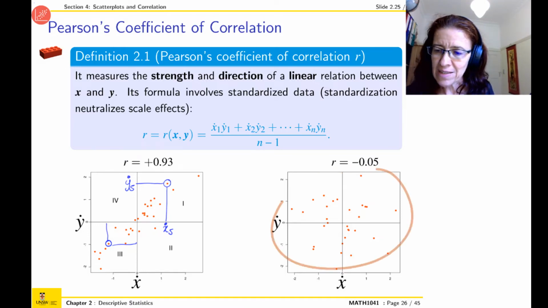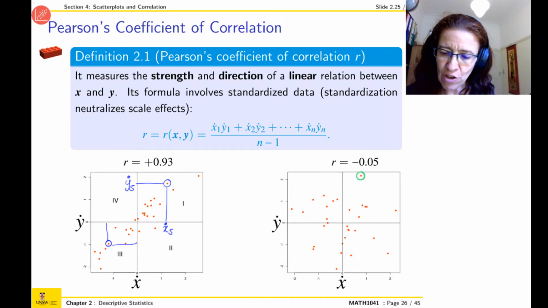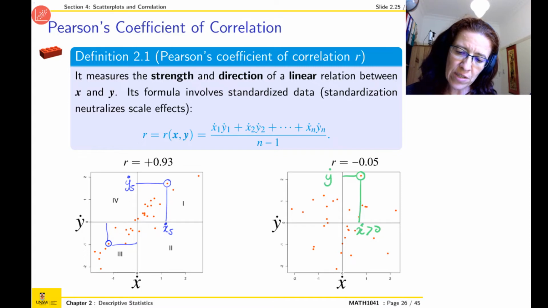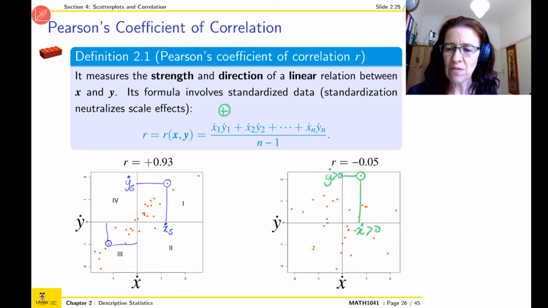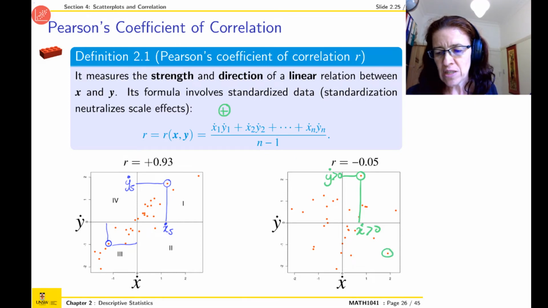Whereas in that case, if I take this dot, for example, my x dot is going to be positive, this y dot is going to be positive also. So when I multiply them, it gives me something positive in the sum. But if I take one which is here, for example, here my x dot is positive, but my y dot is negative.